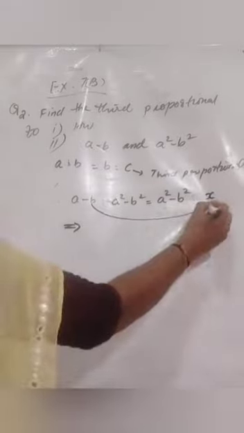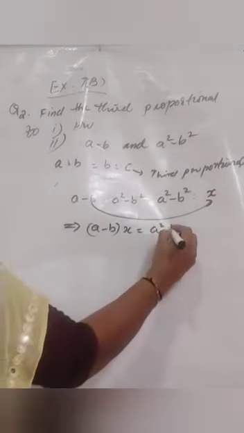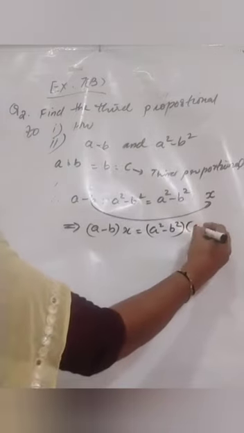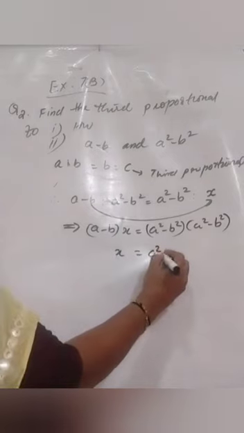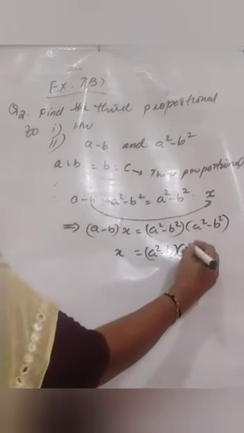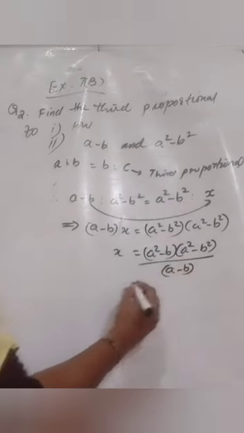Which implies, here also we apply product of extremes, a minus b into x equal product of means, a square minus b square into a square minus b square. So x equal a square minus b square into a square minus b square divided by a minus b.